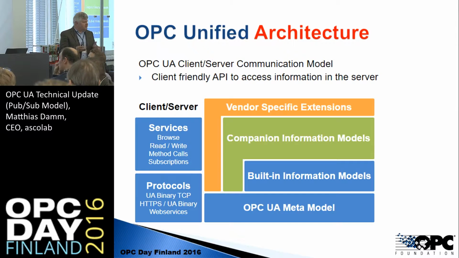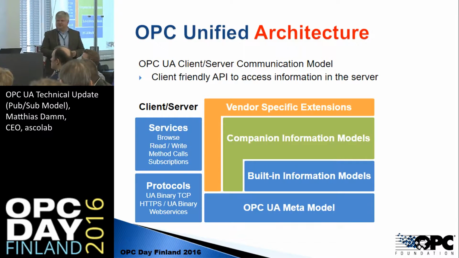And to transport these service requests and responses, there are different protocols. We have an optimized binary protocol that was defined by OPC UA, but we also use web services or HTTPS REST-like services. And we are working on additional protocols; one option for the future is WebSockets with JSON encoding, for example.